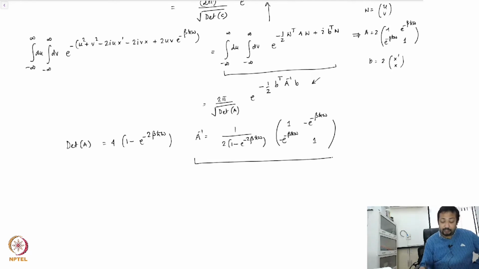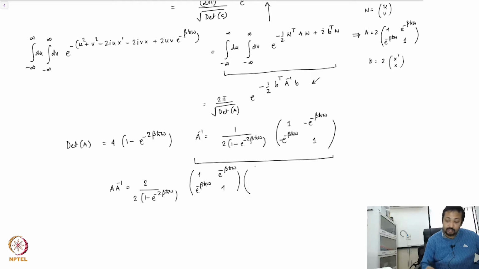If you have any doubt about this, one can easily verify that A inverse is going to be 2 times 1 over (1 minus e to the power minus 2 beta h bar omega), and then I have A as 1, e to the power minus beta h bar omega, e to the power minus beta h bar omega, 1, and the inverse is 1, minus e to the power minus beta h bar omega, minus e to the power minus beta h bar omega, 1.